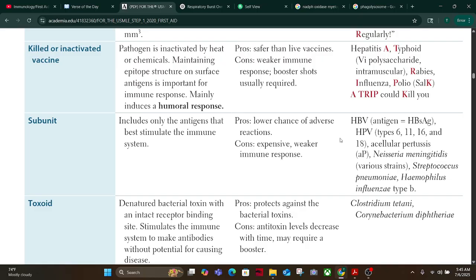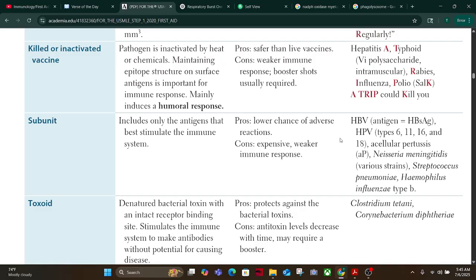Anti-HBs antibodies neutralize the hepatitis B virus by binding to HBs antigen, preventing the hepatitis B virus from entering the liver cells.